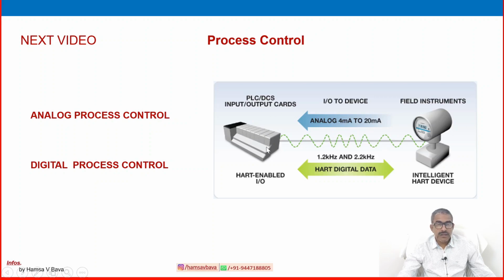And in return, from the PLC, DCS and SCADA, how the output goes back to the field-based positioners and actuation system and the control valve, and how these systems are working. Let us have a look at that, understanding some basic minimum information of process control like analog and digital control.